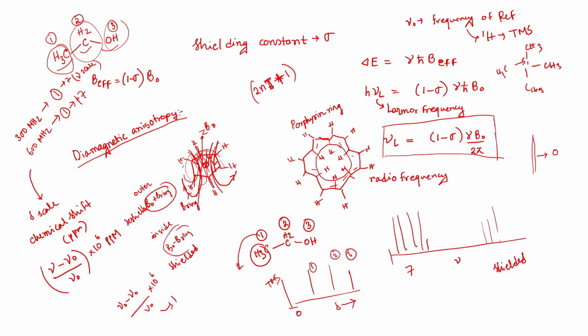So what do you expect for type 1 proton? You are expecting a triplet kind of thing. For type 2, you are expecting a quartet, and for type 3, it is not going to couple with anyone because this is a labile proton and it is going to exchange with the solvent so fast that when it was there, it had some spin but it doesn't have any memory, because after the exchange, when it is coming, it doesn't have the memory of what spin it had.